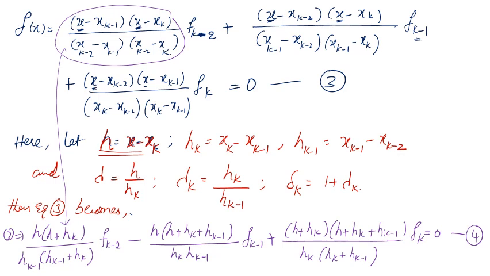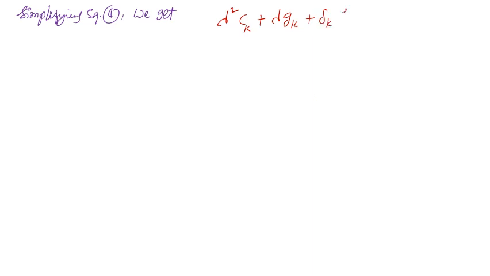And if I simplify equation 4, we get the main equation: lambda squared times c_k plus lambda times g_k plus delta_k times f_k equal to 0.